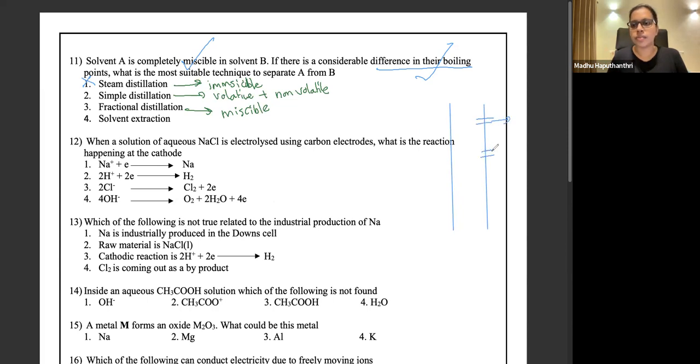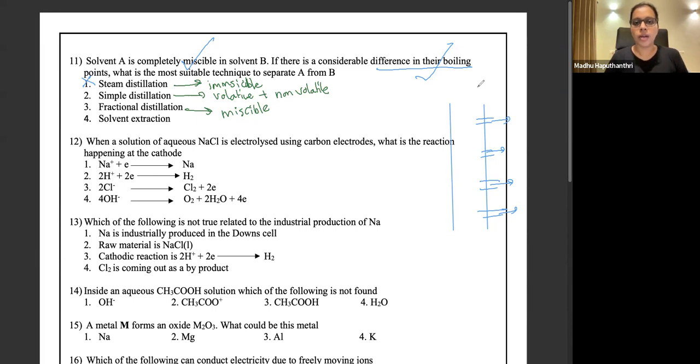These outlets are maintained at different temperatures. From each outlet, the species whose boiling point matches the maintained temperature comes out. At another outlet, which is maintained at a different temperature, the compound whose boiling point tallies with it comes out. So in fractional distillation, it's definitely a miscible mixture.